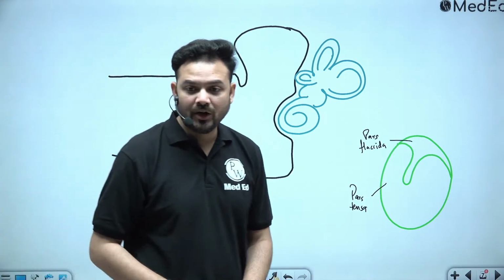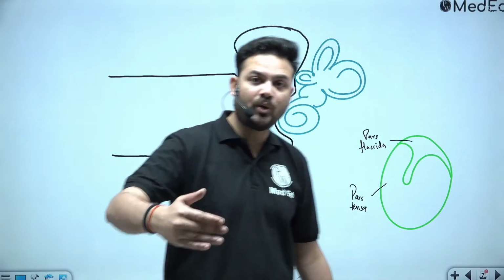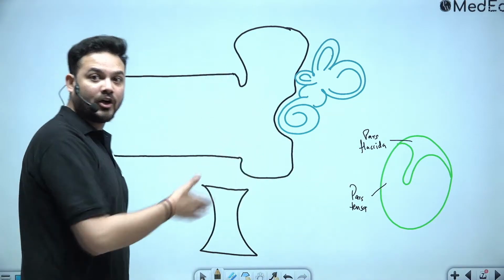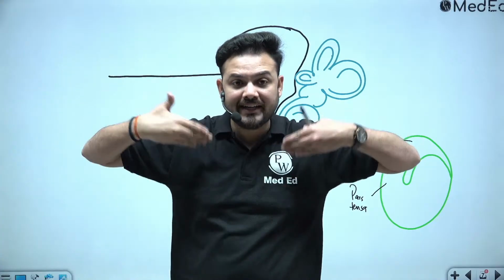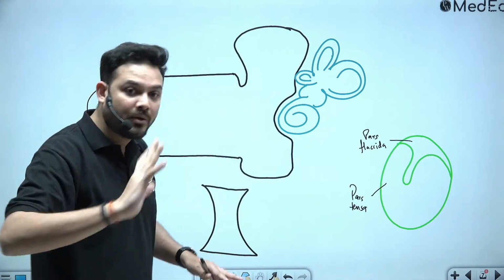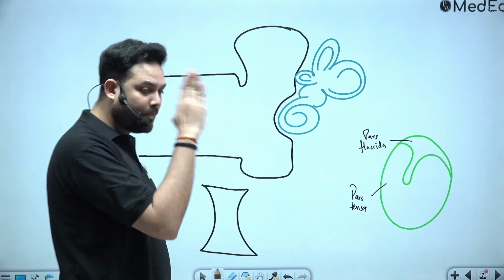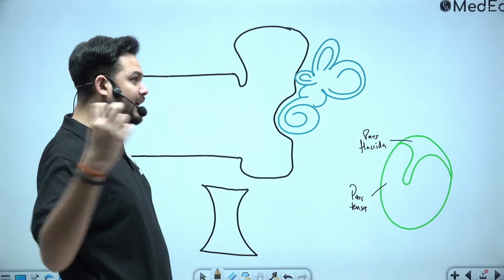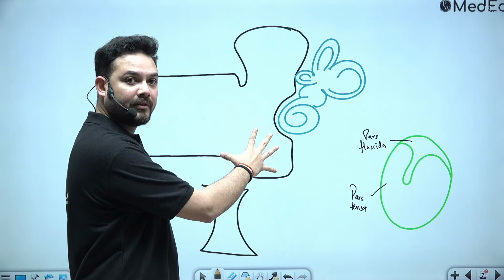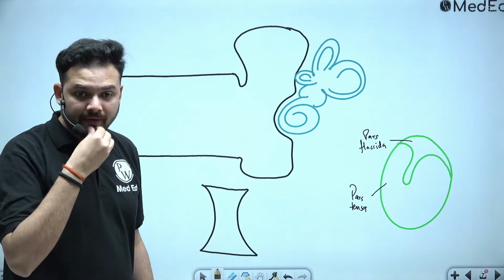No, this is not a coronal section. This is what you're seeing from the side. Imagine you're seeing from the side. Coronal is like this; when I cut it like this, then it is coronal. This is a sagittal section, where you're seeing things from the side. I've cut my ear like this, and you're seeing something from the side. Okay?